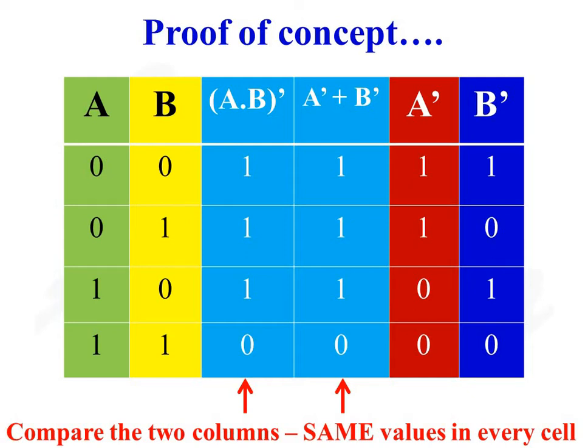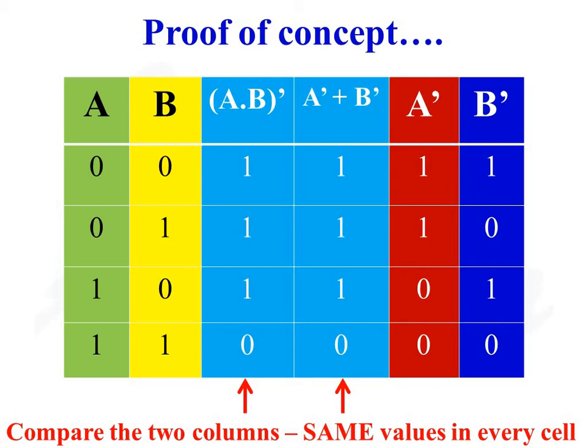Now look at the fourth column, complement of A or complement of B. So A is equal to 0, complement of A is equal to 1. B is equal to 0, complement of B is equal to 1. 1 or 1 is equal to 1. Similarly, for the other combinations also, we will get 1 and 1.